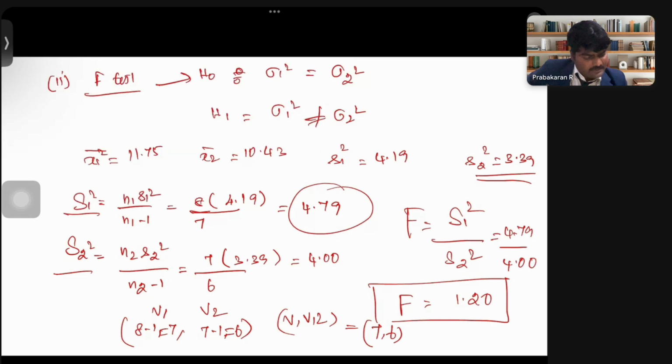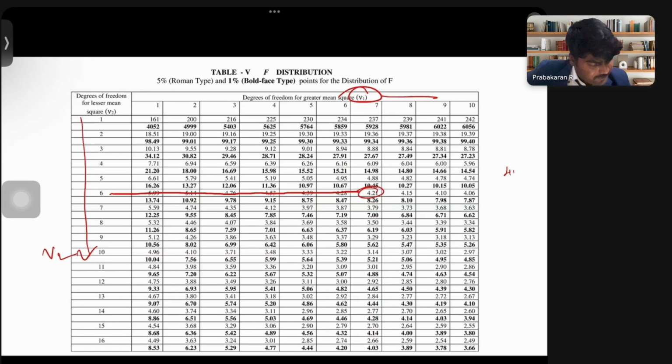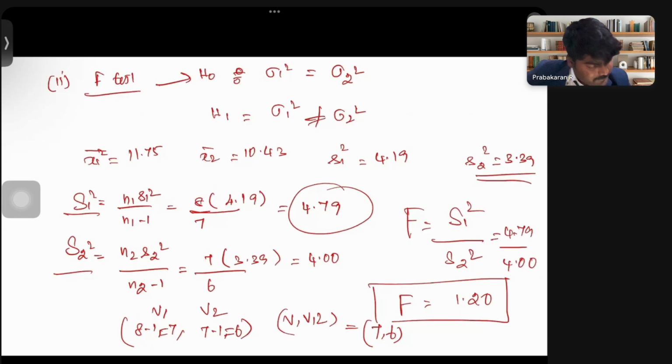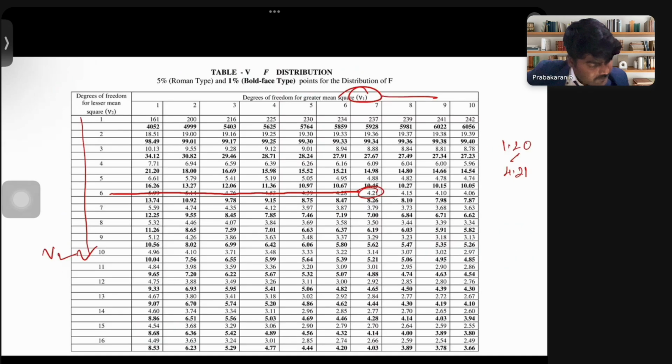So here you have got the table value as 4.21, but the test value we already have is 1.2, which is lesser. So the table value is greater, we can accept H0. That means there is no significant difference based upon the variances. The variances of both samples are also very close. It's accepted at the level of acceptance.